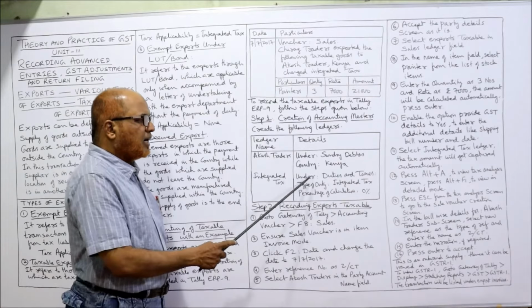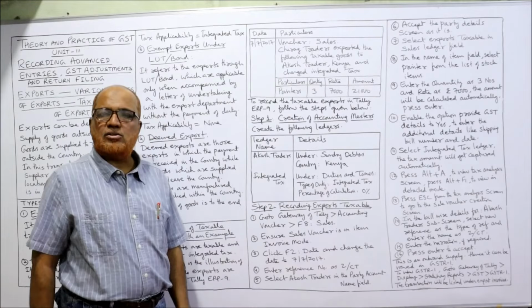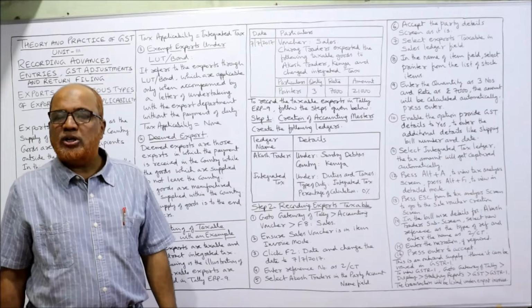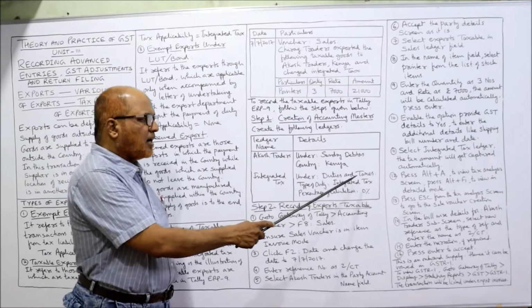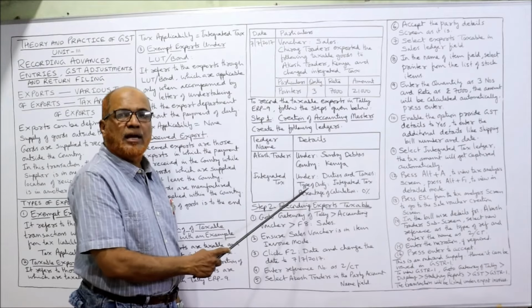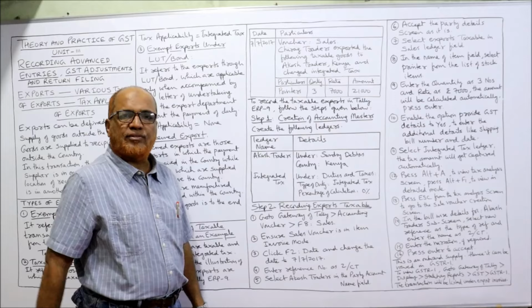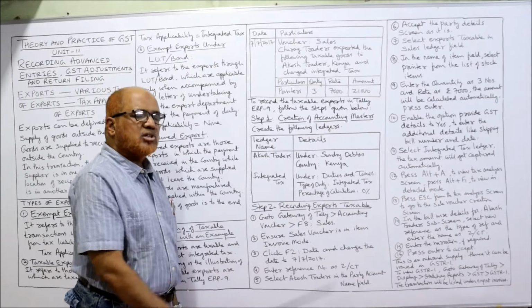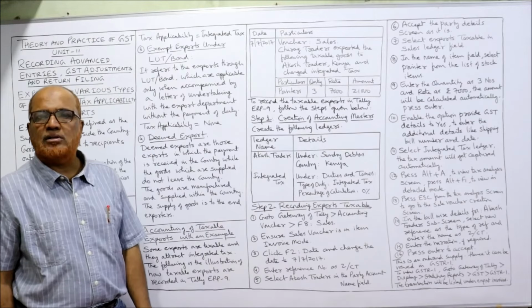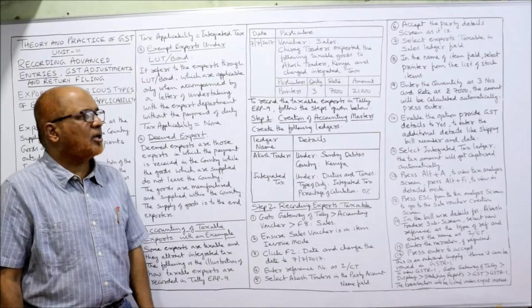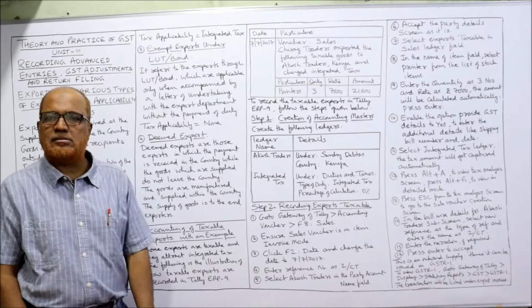Under duties and taxes. So in Tally ERP 9, one option is there, duties and taxes. Under duties and taxes, select the type of duty. Type of duty we select integrated tax, and percentage of calculation we will take as 0%. So this is the first step, creation of accounting masters.